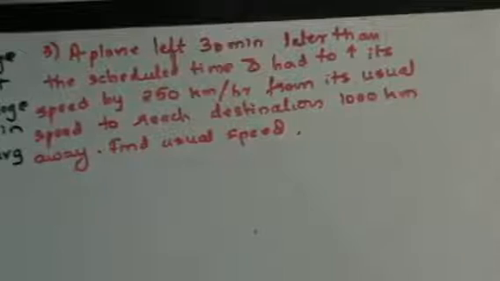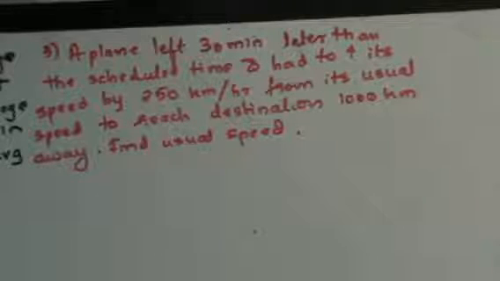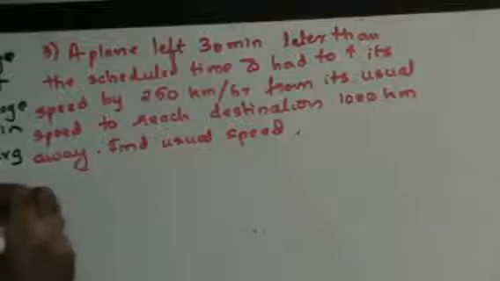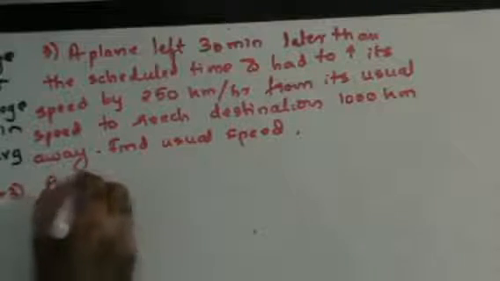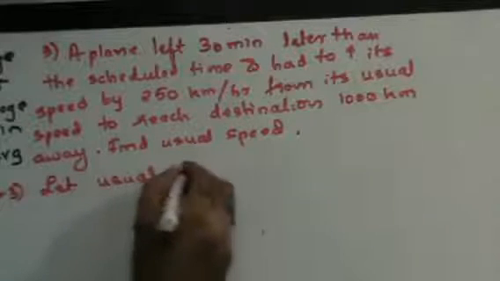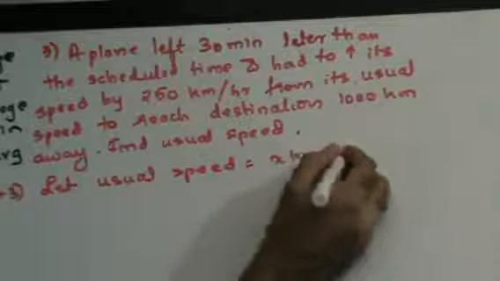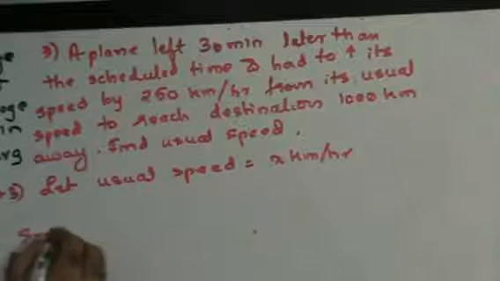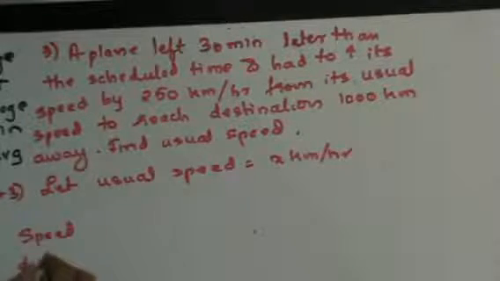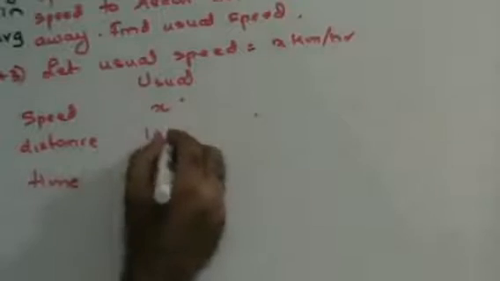Right? Let's see how we do this sum. Now, let's assume that the usual speed is x kilometers per hour. Speed, distance, time. Usual speed is x kilometers per hour. Distance that it has to cover is 1000 kilometers.